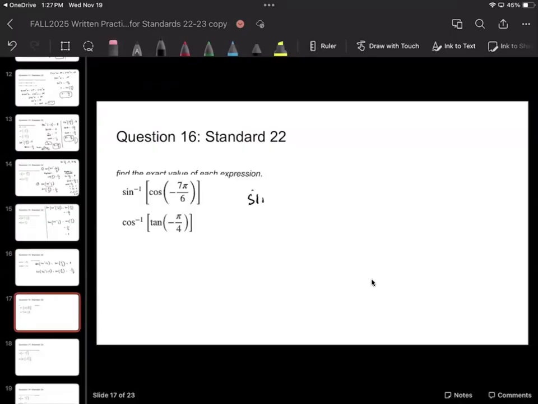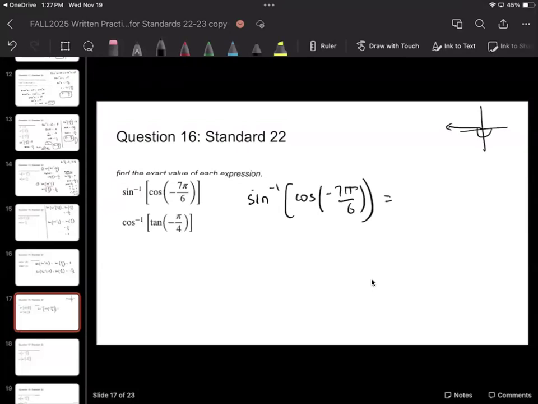Sine inverse of cosine -7 pi over 6. Okay, what is cosine -7 pi over 6? Where is -7 pi over 6, first of all? That is pi plus pi over 6, right? So that is here in this quadrant, right? In that quadrant, cosine is negative, right?